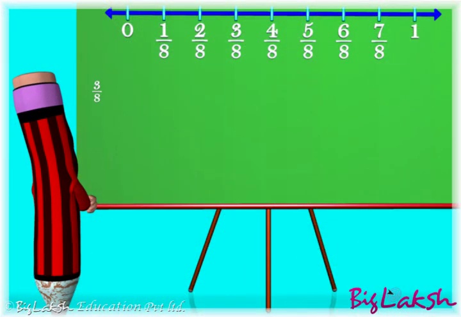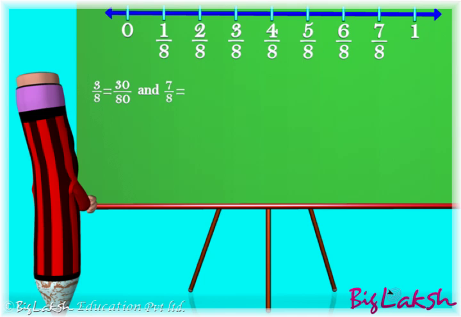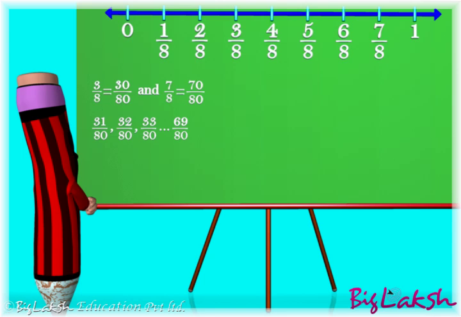3 by 8 can be written as 30 by 80, and 7 by 8 can also be written as 70 by 80. The numbers 31 by 80, 32 by 80, 33 by 80, and so on till 69 by 80 fall between 3 by 8 and 7 by 8.